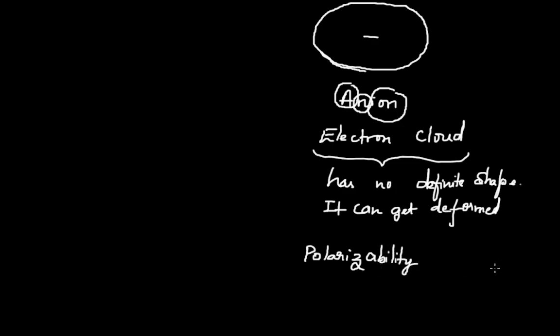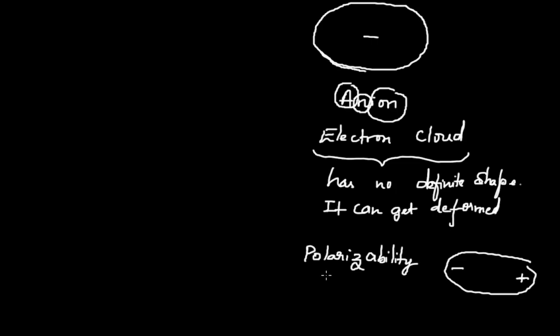What do we mean by polar? Polar is used even in common everyday language, right? We are poles apart, or our ideas are poles apart, which means it's contrasting, a clearly different stance. North Pole, South Pole, all that. So the ability of an anion to have its electron cloud deformed is called polarizability.